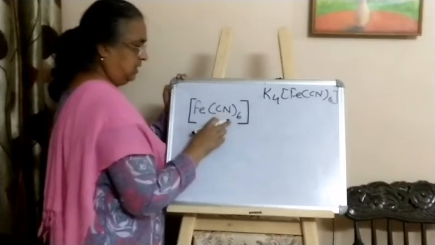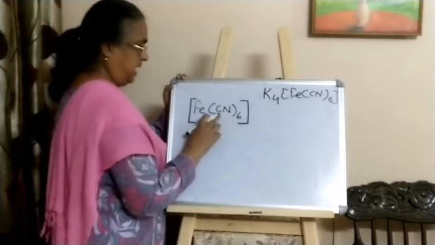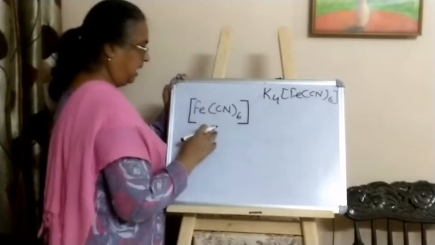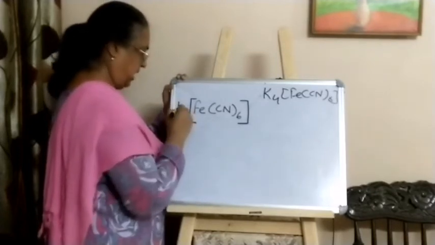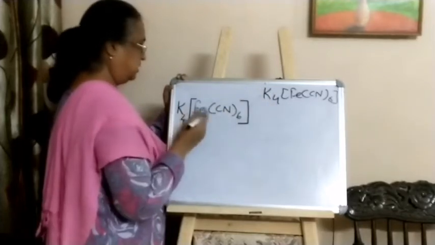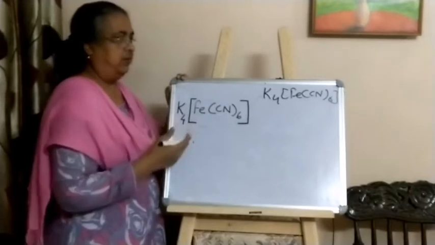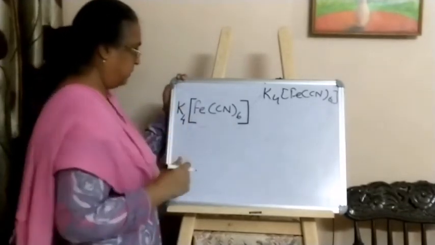Ligand is written in a small bracket if there are more than one, and ligands are diatomic or polyatomic, and this is called the complex entity, you know very well. The ionisation sphere is written outside, if it is positive before the complex entity, if it is negative after the complex entity, that we have seen in the previous class.